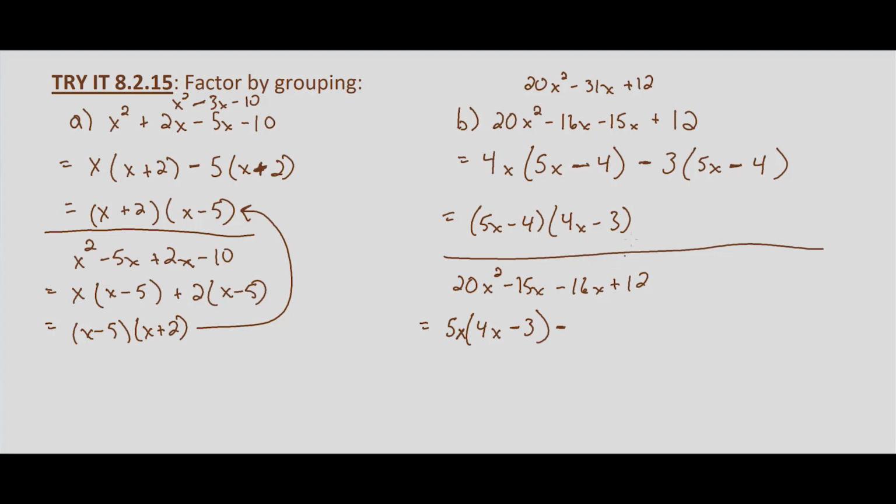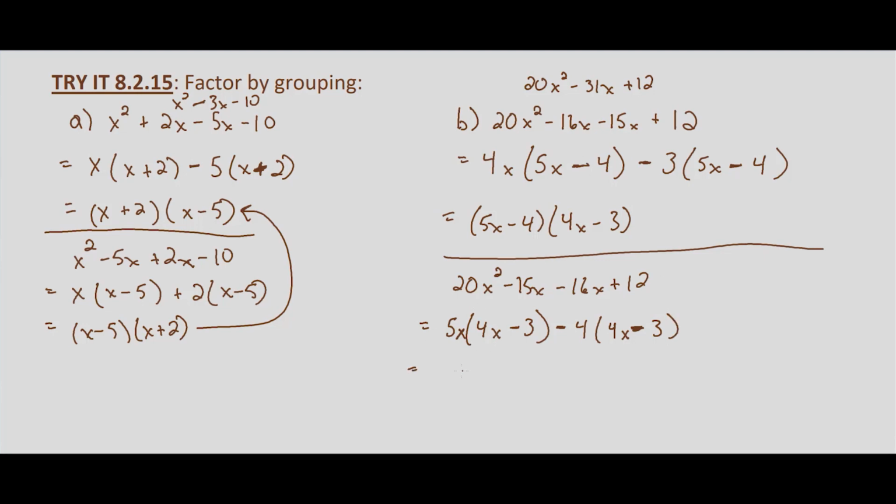And then minus, so the greatest common factor of 16x and 12 is going to be 4 times, remember we have to change the sign again. It's going to be subtraction, so we end up with a positive 12. And then we end up with 4x minus 4 times 3 is 12.